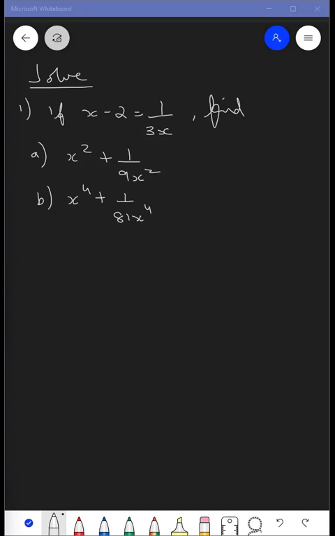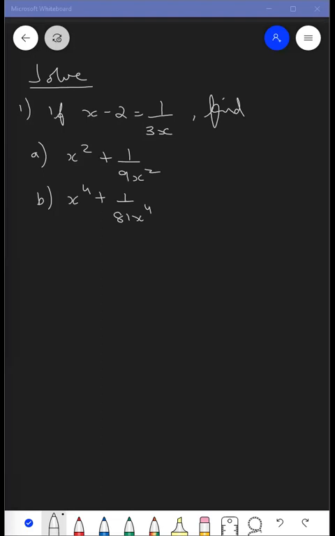Ishan, no, that's incorrect. x minus 2 is 1 upon 3x. Ishan, it's still incorrect.